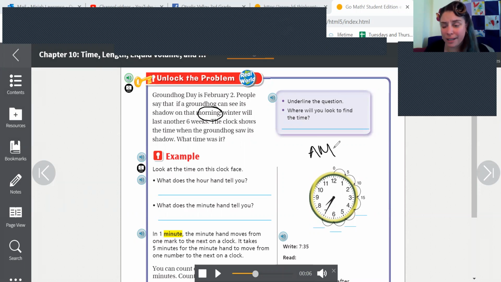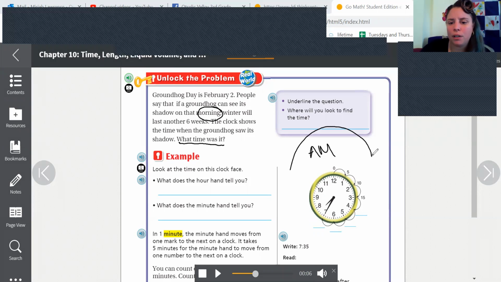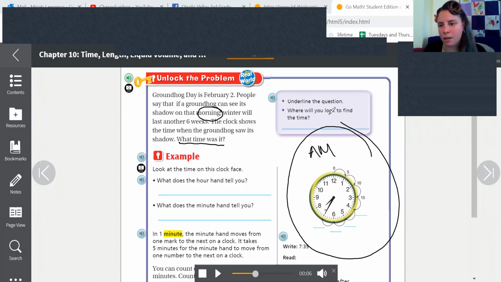So the first thing we have to do is underline the question. What time was it? And we don't really have any important information there because we have our important information in our analog clock here. So let's go ahead and count by fives to see where the minute hand ends up. Now, if you don't remember, the minute hand is the long one, okay?